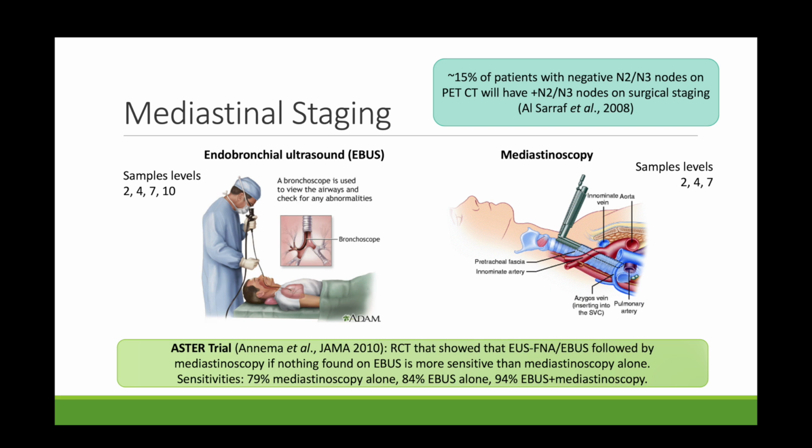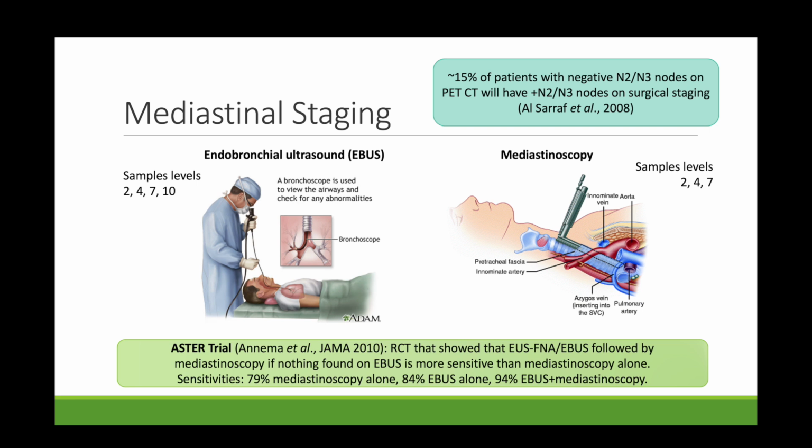This method is beneficial because oftentimes during the procedure, we can actually get some frozen pathology for a very quick idea of whether or not things are involved. And it allows the pulmonologist to sample levels 2, 4, and 7, which are located in the mediastinum. Level 7 is a subcarinal node, and then level 10 is actually a hilar node, so it can sample the hilar nodes as well. So we can sample some more areas with this endobronchial approach. And this is usually a preferred approach.